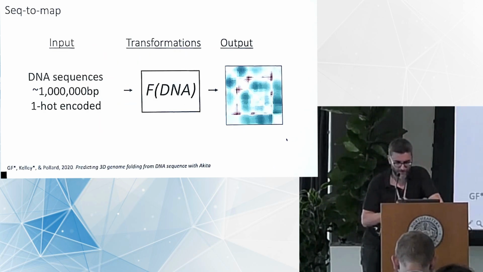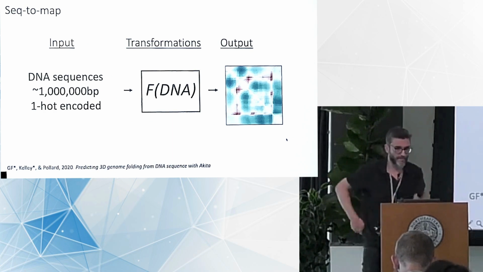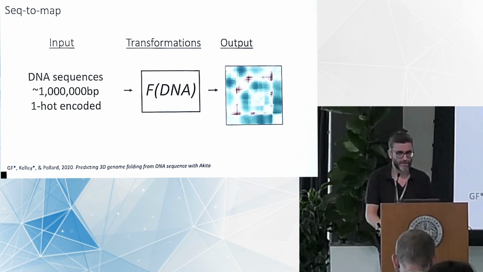Okay, which brings me to this sequence to map challenge, where we're taking in DNA sequences, again one-hot encoded. We want to learn a set of transformations that can predict a patch of a Hi-C contact map.